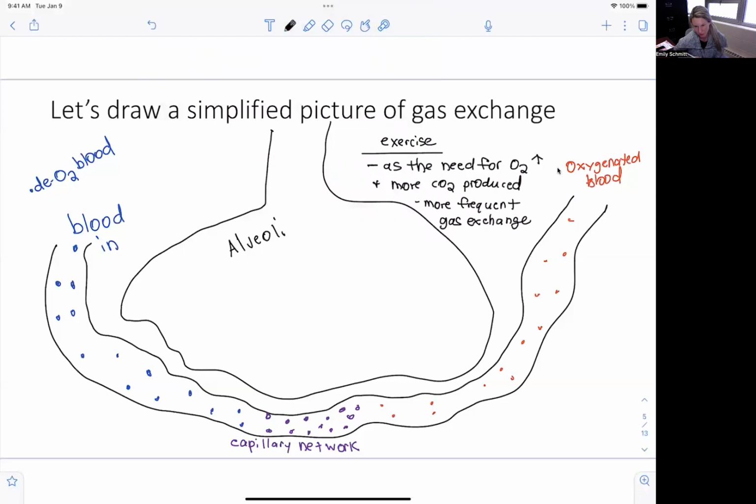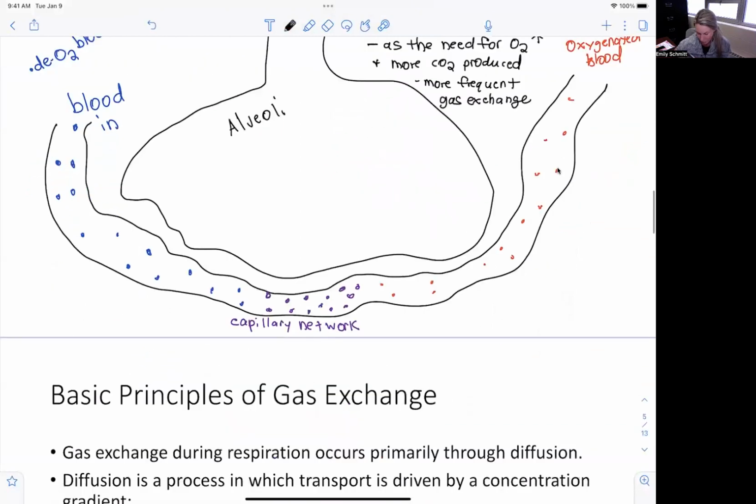So this is a very simplified picture of gas exchange. The YouTube video did a much better job of showing the animation. So hopefully between that and then drawing this out, you have an understanding of what we're talking about with gas exchange.